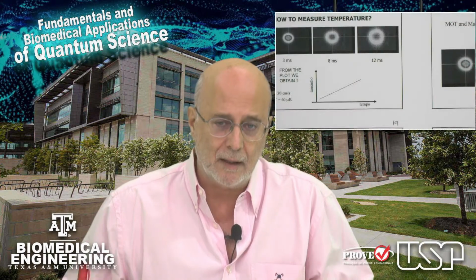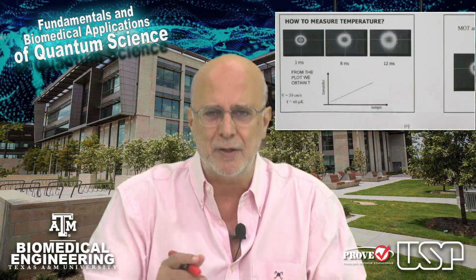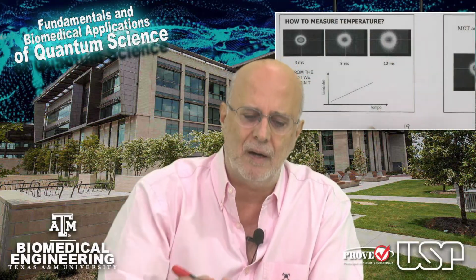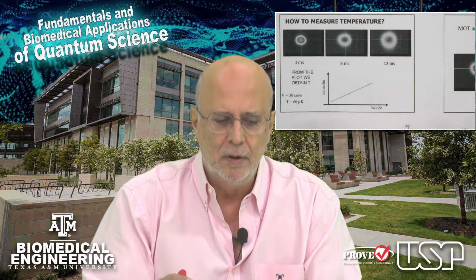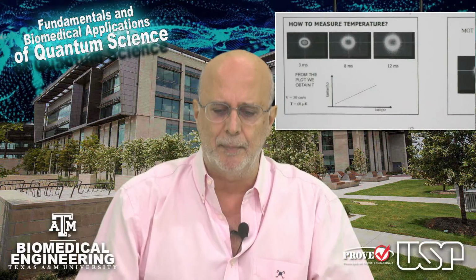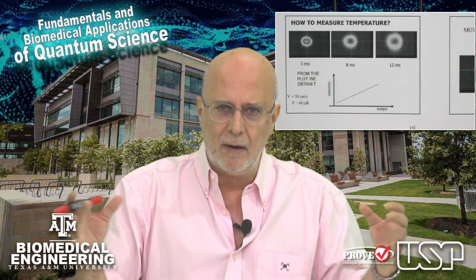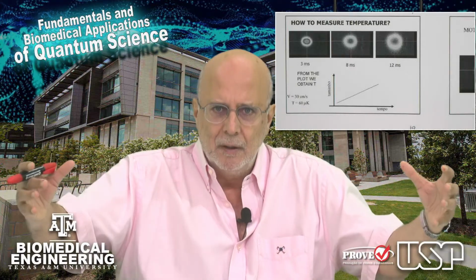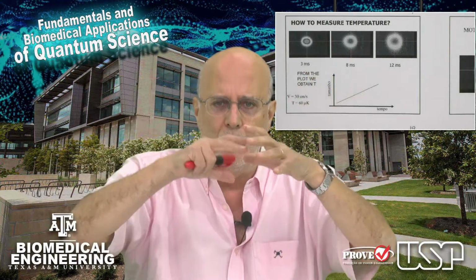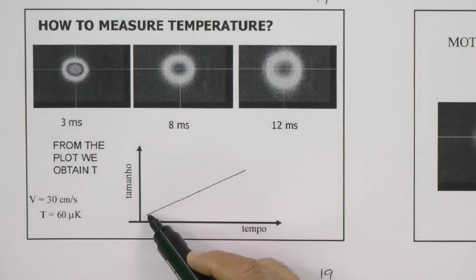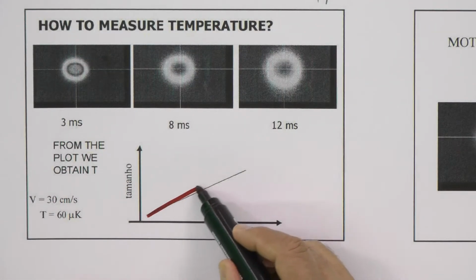I can measure the temperature. How do we measure the temperature in nanokelvin? We cannot stick a thermometer there. Normally what we do is we have the atoms confined in the potential. We liberate them, and of course they're going to expand, like when you blow a balloon, the gas expands. I follow the expansion with time.